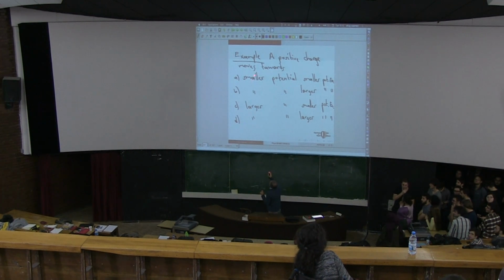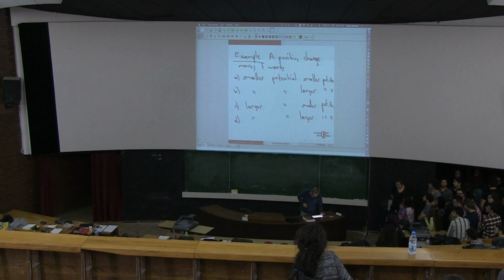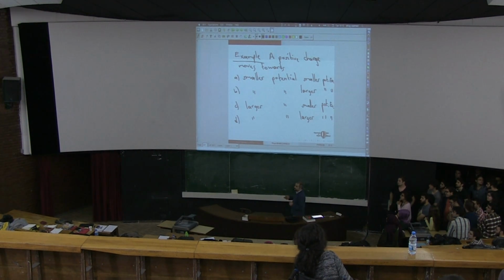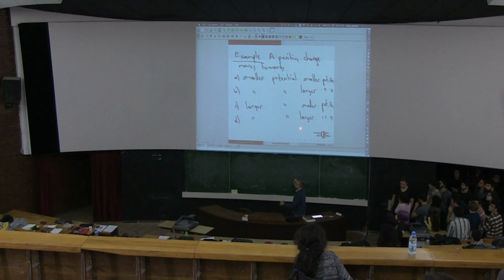C says it moves towards a larger potential region. Yes, that is what C is saying. It goes from the smaller to the larger potential region, from a large potential energy to the smaller potential energy.